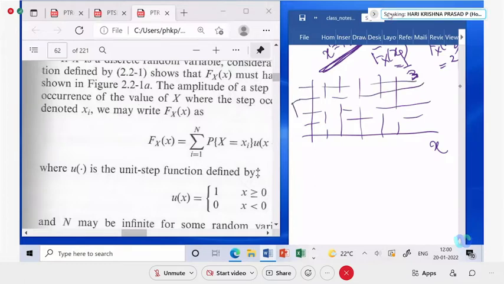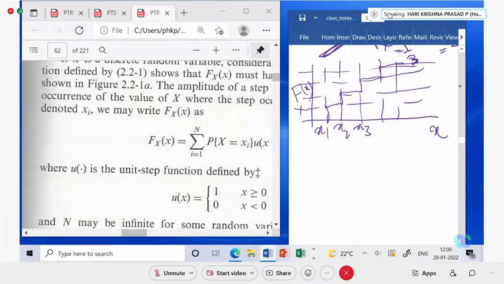So I am plotting the distribution function Fx of x at x equal to x1, x2, x3. Like this, I am showing the staircase waveform. This is a typical case, right?